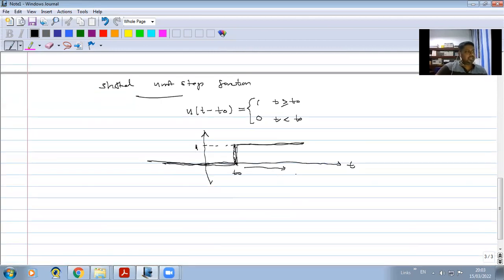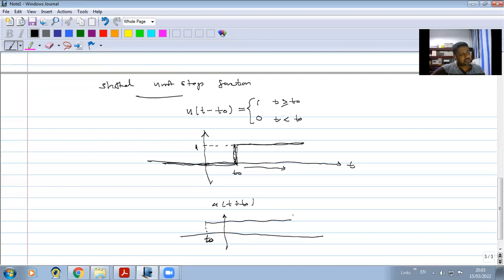What happens if it is u(t plus t naught)? That means it is shifted to the minus side, from this side t naught, so it will go like this.